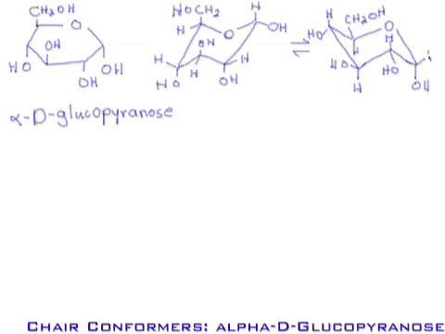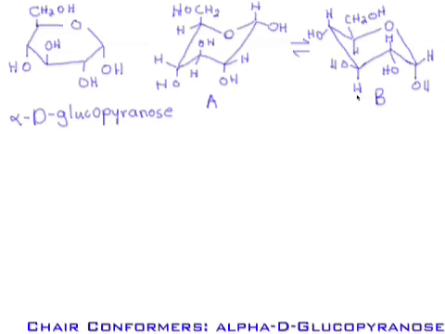Okay. Now here's a question. Both chair conformers, ring flipped A and B, can exist. But what is the most stable chair conformer? Well, if you recall from last semester, the most stable chair conformer is the one that puts the largest groups in the equatorial position. This is where you get the least amount of steric hindrance.